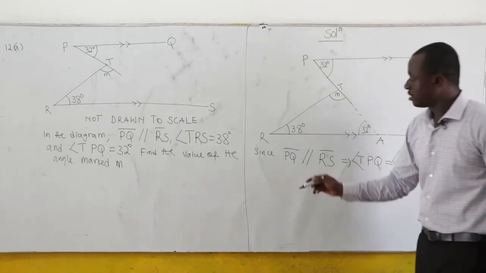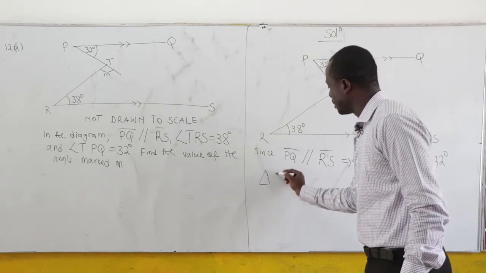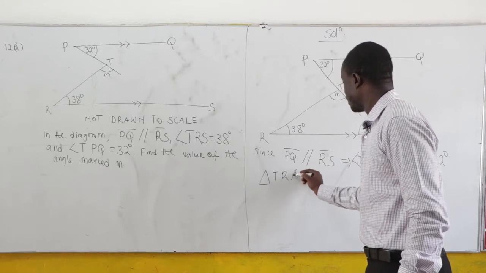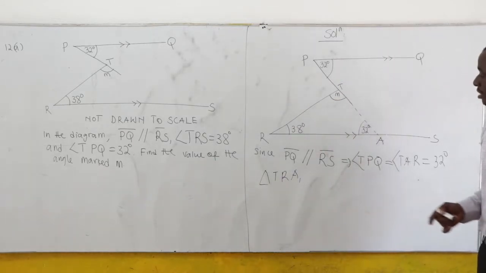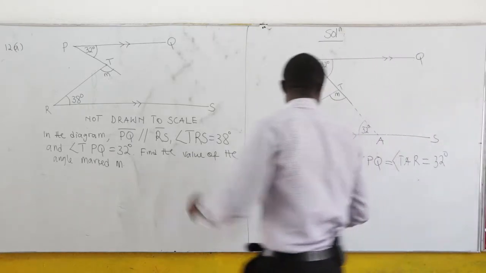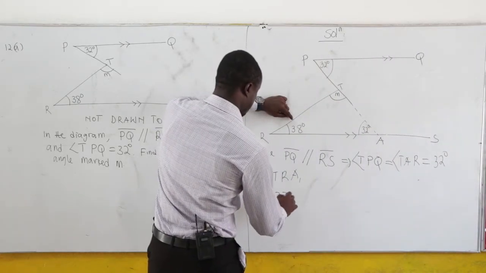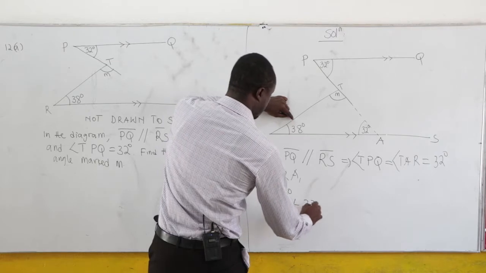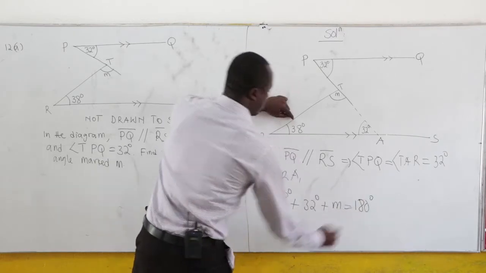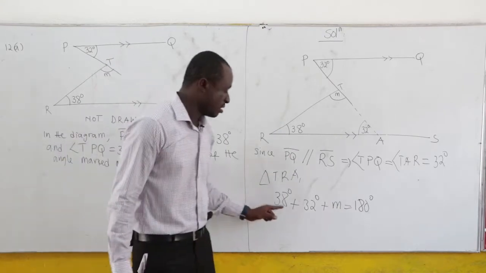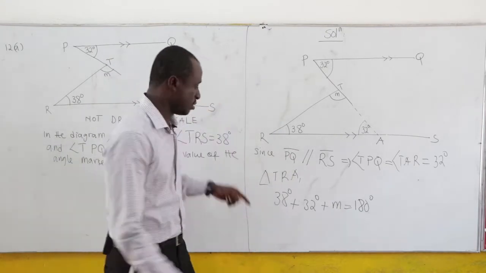Now what can we see? We can see triangle TRA. In a triangle, the sum of angles in a triangle is equal to 180. So 38 degrees plus 32 degrees plus M equals 180 degrees. What is 38 plus 32?